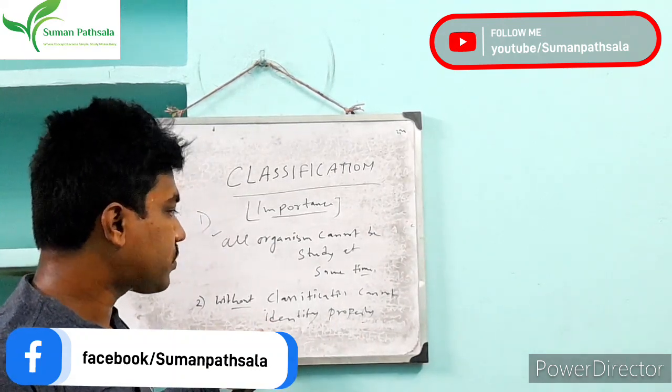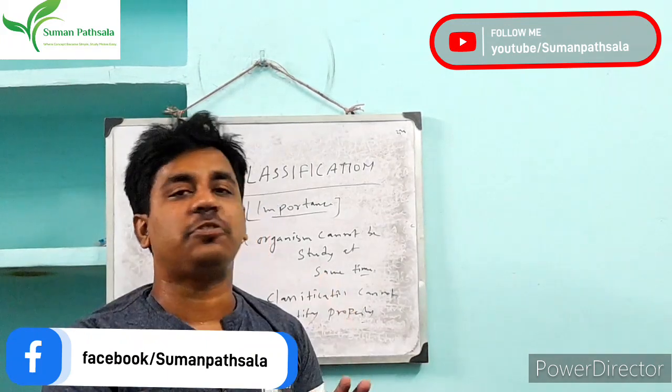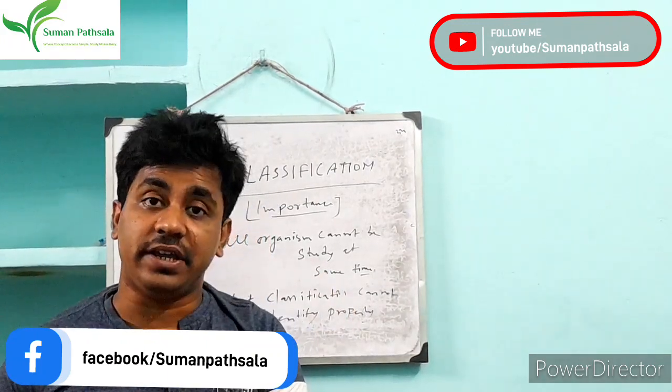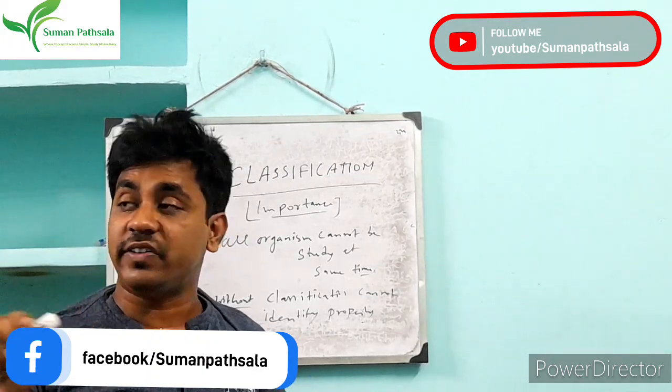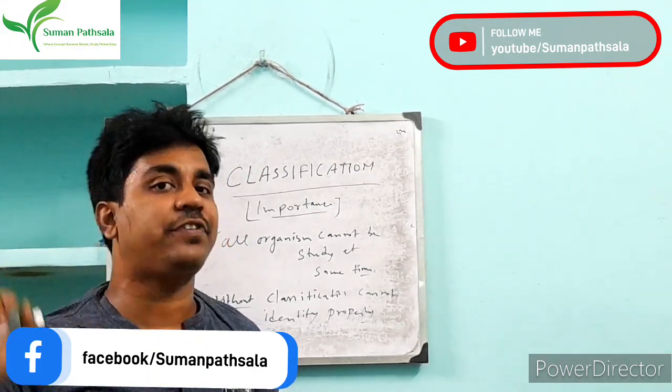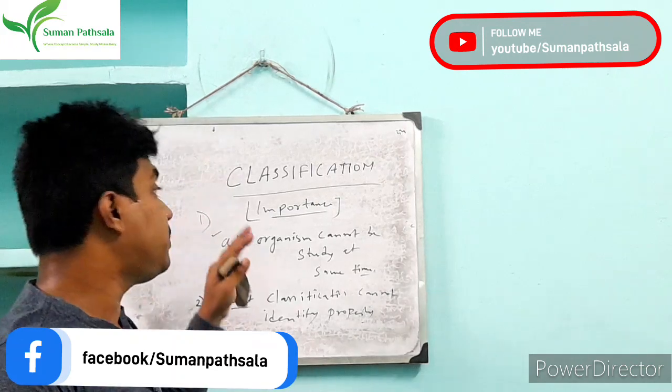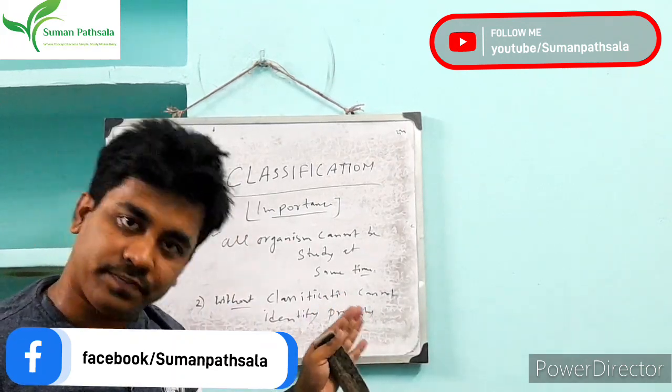That means if classification is not present, you cannot identify what type of organism this is, what type of organism that is. You cannot differentiate properly. That's why it is also important for us.